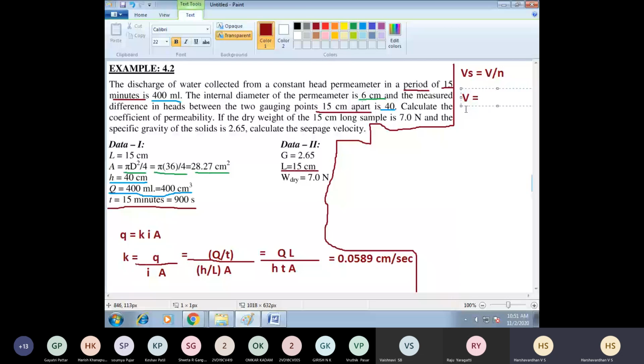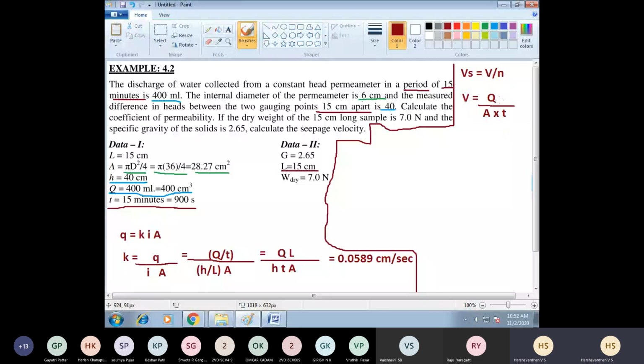So capital Q is centimeter cube, divided by area into time. So this will give me velocity. Q is in centimeter cube, area is in centimeter square, so centimeter will remain, and t is in seconds, so centimeter per second.